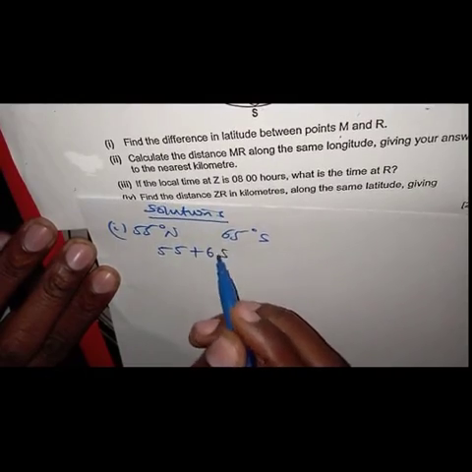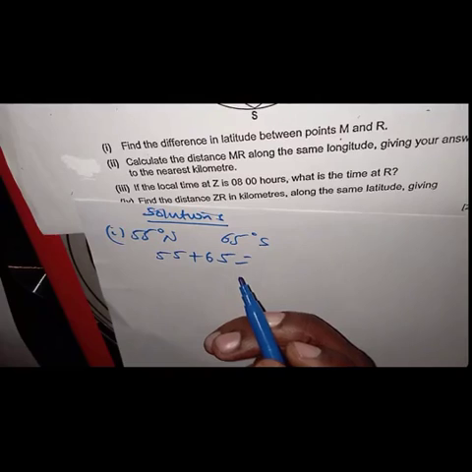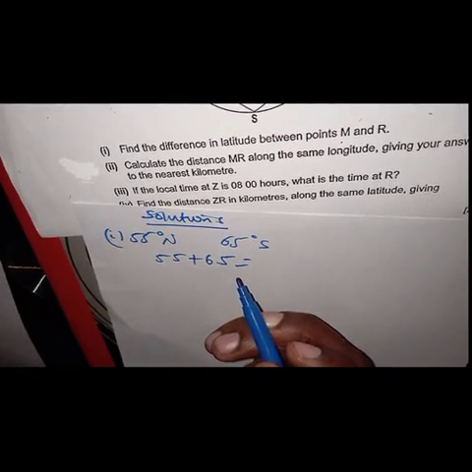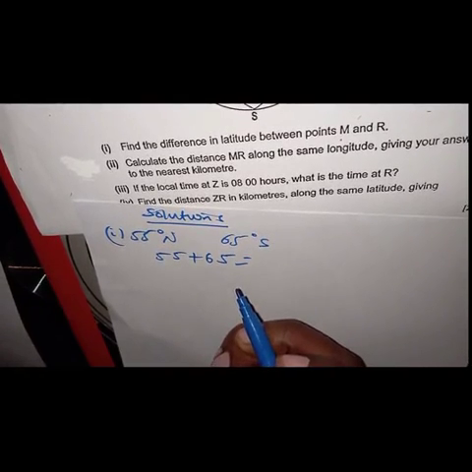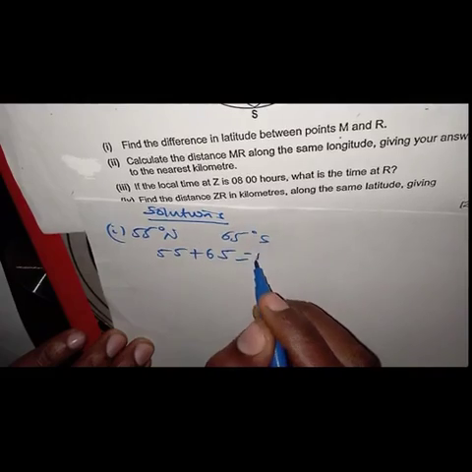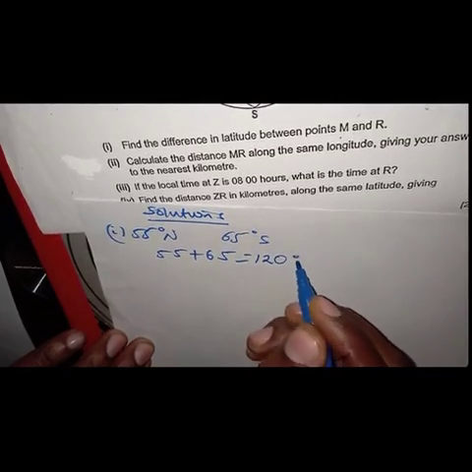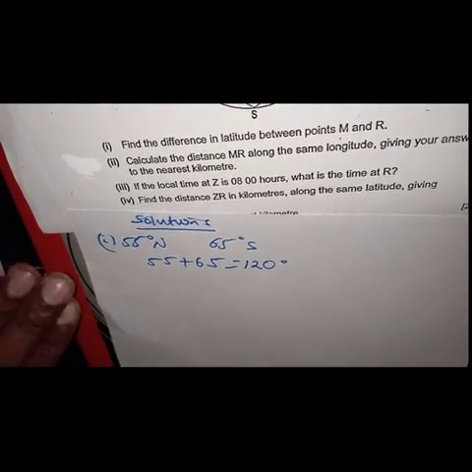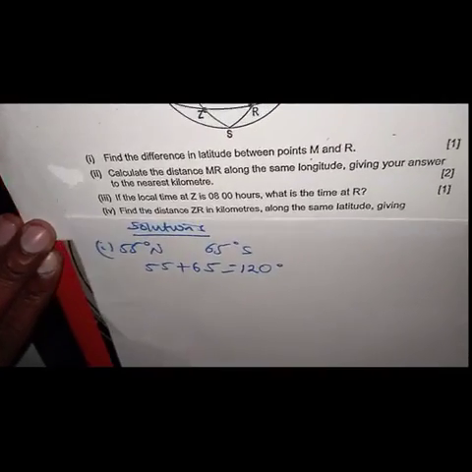So you add 55 plus 65. What are you getting? 55 plus 65. So this is paper 2. You can easily punch. Don't waste time. Just punch, because time won't be with you. So this is the 120 degrees. That's the difference in degrees or in latitude between point M and R.